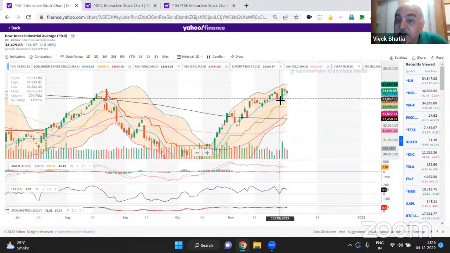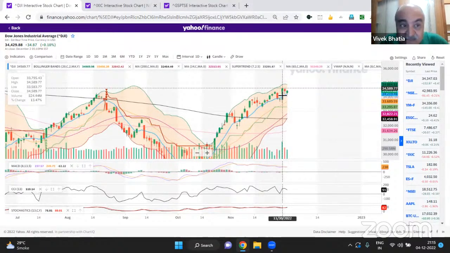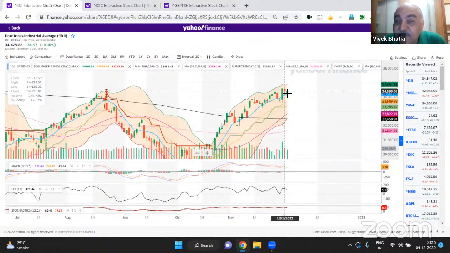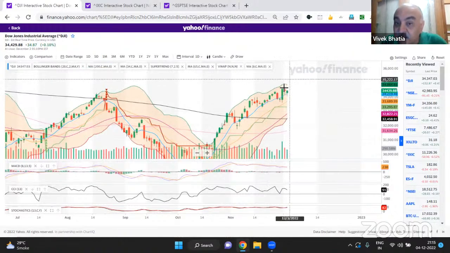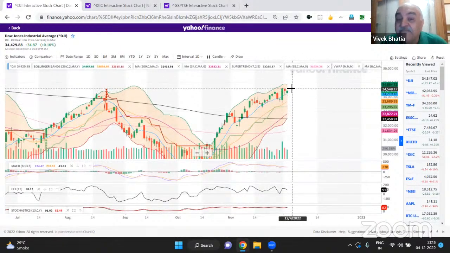That is the week high for last week. So if one has to trade, one should be a buyer at 34,600. Stop loss can be Friday's low, which is 34,040, as the stop loss. The trend is clear only if it trades above 34,600, right?